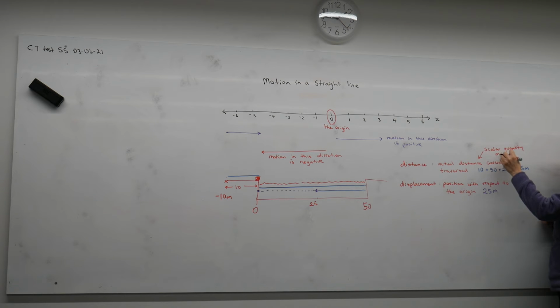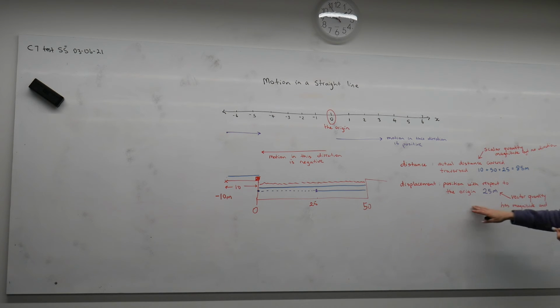Okay, magnitude. Whereas our displacement is a vector quantity, and it has magnitude and direction.